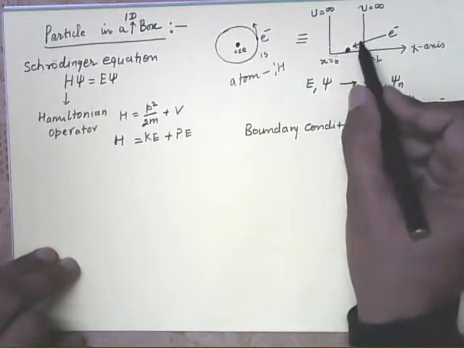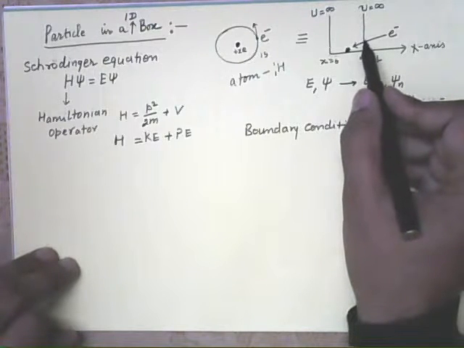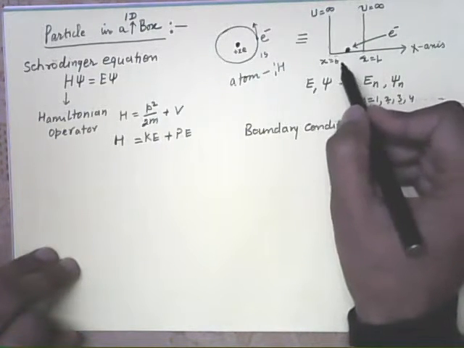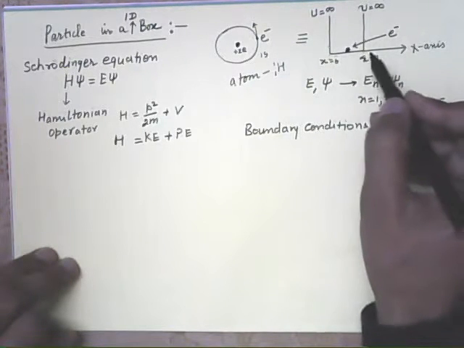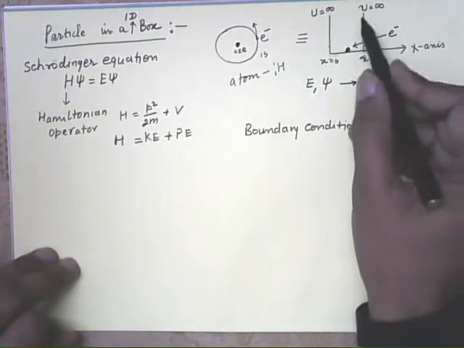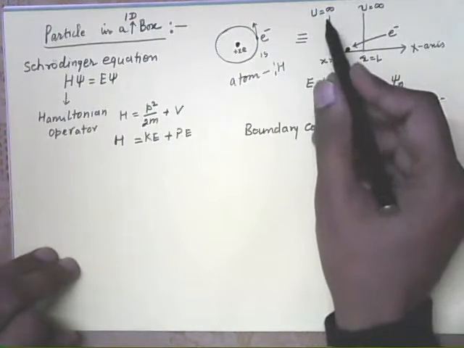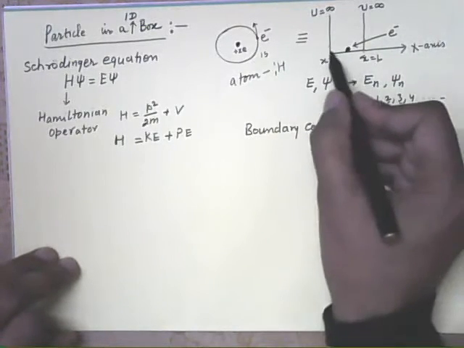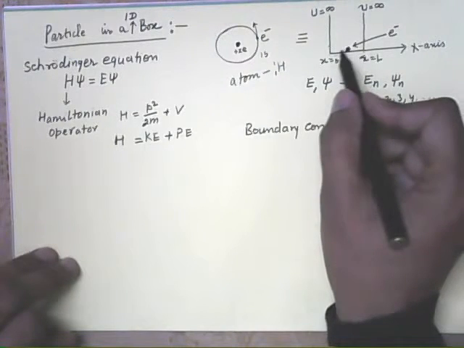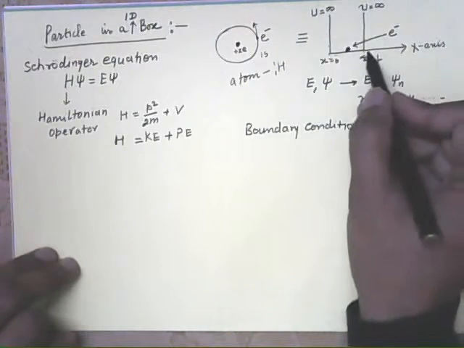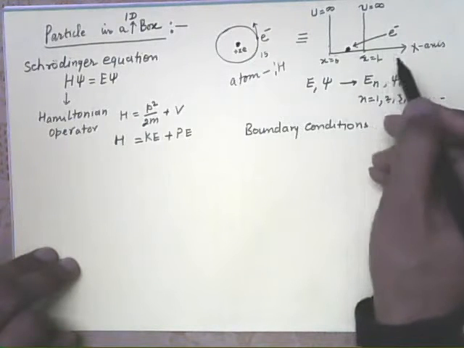So we know that the particle exists in between these two vertical lines. These vertical lines correspond to the potential barrier, and this is infinite. So there is no probability to find this particle, the electron, at x equal to 0 and x equal to L.